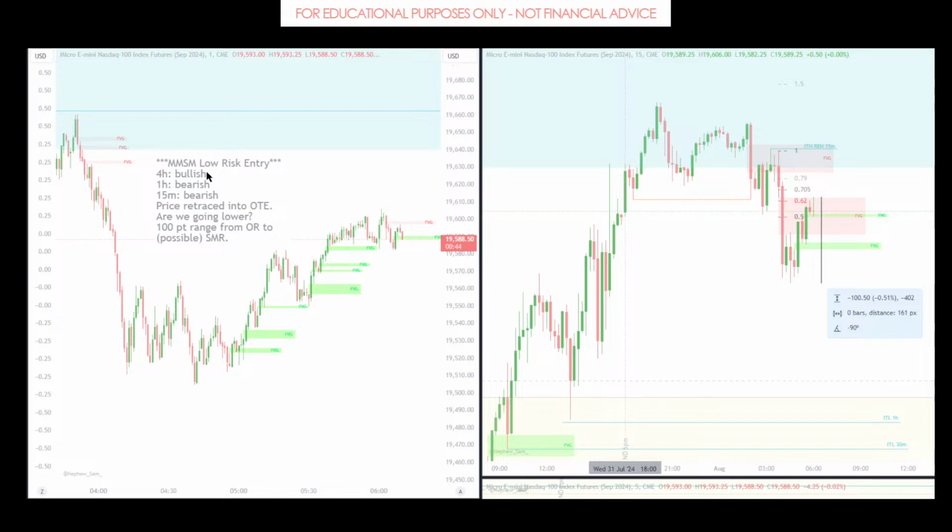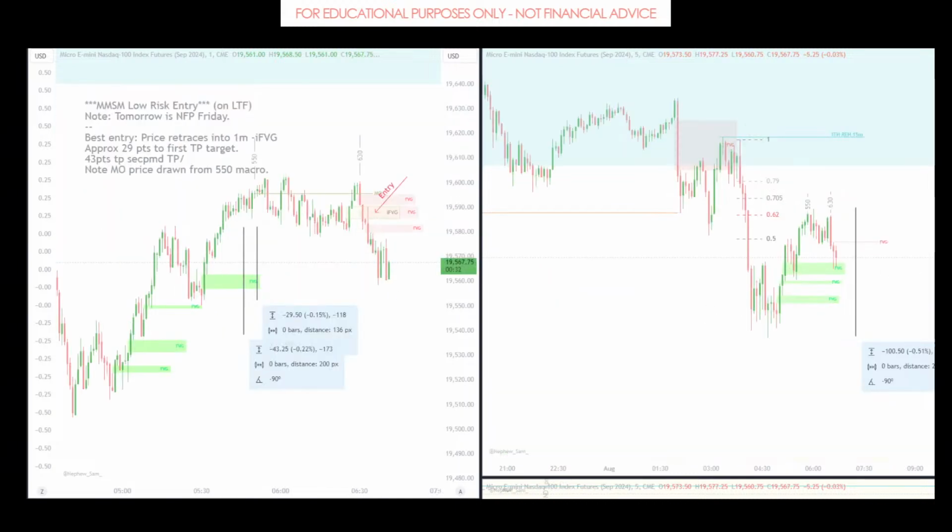If we zoom into the 1 minute, from 505 to about 605, that's the 100 or so points. And are we going lower, a 100-point range from the bottom of the original consolidation, to a possible smart money reversal up over here? All right, let's go to the next slide.